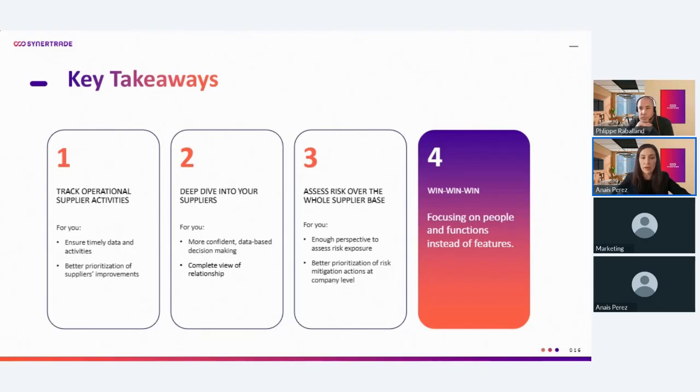Then you can also deep dive into your suppliers. So once you have identified what should I be working on and what should I be tracking now, it's going into the supplier and saying, okay, so how do I approach this improvement? How do I approach this initiative that I have? And when you look at the whole relationship you had with the supplier, how long have you been working with the supplier for? How much is it worth for the supplier to do any activity with you?